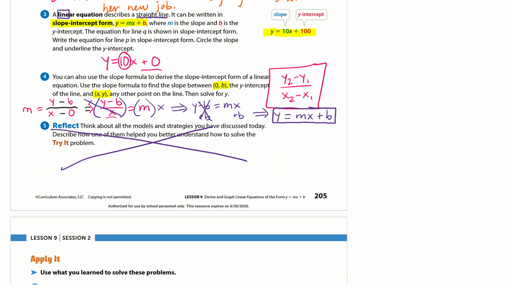And then we're going to finish up. This has been a long video. So I'm going to give you homework basically, but it's going to be pretty quick. Shouldn't be too bad. It's just kind of going to be in place of this reflect question. So here's what I want you to do. You can work with the person that you've been working with, but I want you to answer just the following little things.